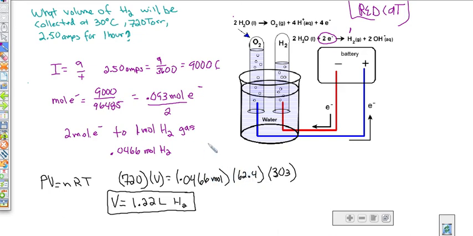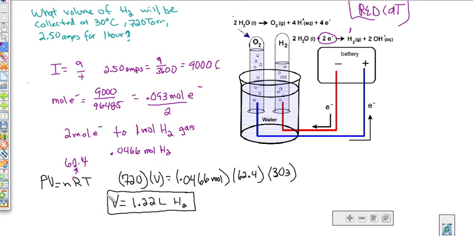I know that my R constant for torr is 62.4. And remember, you have to keep in mind what your pressure is measured in to know your R constant. So 62.4. And my total temperature is 30 degrees.